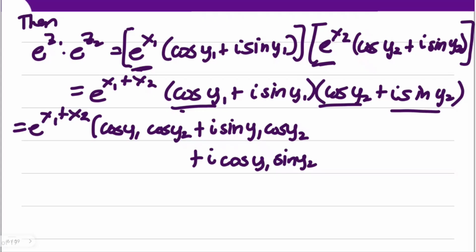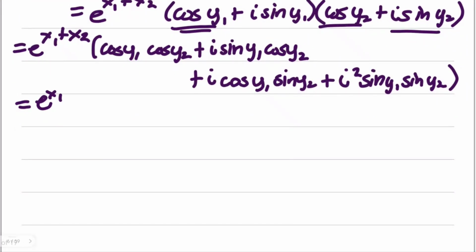And finally, for the last terms, you will have plus i squared sine y sub 1 sine y sub 2. So this is still equal to e to the power of x sub 1 plus x sub 2.